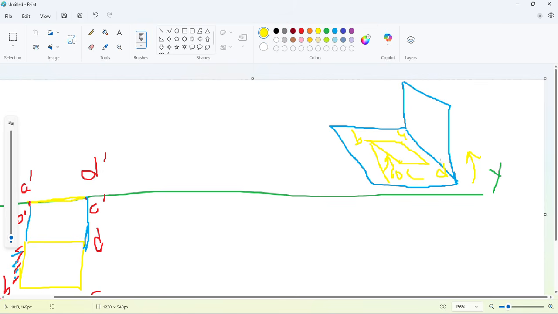So in the front view, previously while resting on HP, a straight line was appearing. Right now this particular surface, while resting on this edge on the HP, stays on the HP, and this whole surface is inclined with HP at an angle of 60 degree.